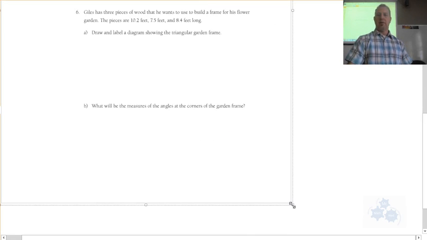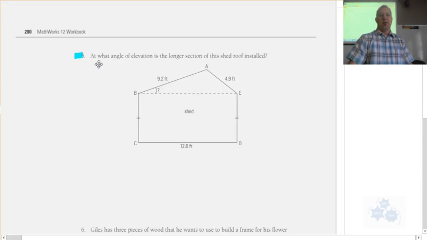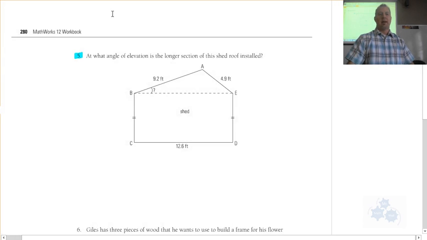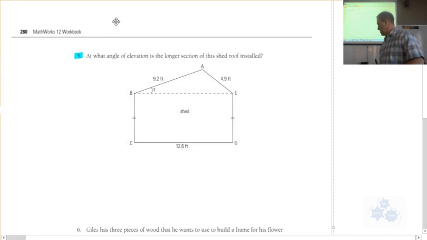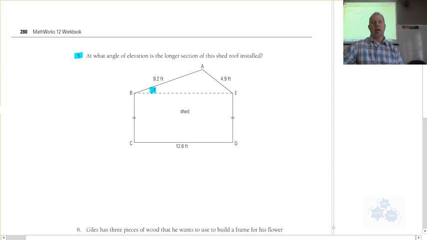So this is a bit of a word problem, although it's got a diagram, so it's hardly a word problem, because we're given a nice diagram and all you need to do is use that diagram. So, at what angle of elevation is the longer section of this shed roof installed? That's this angle right here, what we're looking for. That angle.